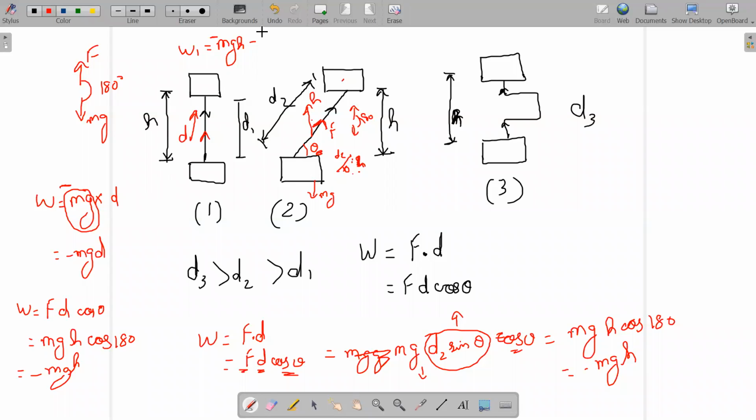Then there is a frictional force, which will be again negative, right? So in first case the frictional force is, let us say, F1. So this is the case if there is friction in case 1. In case 2, W2 equals minus mgh, the same if there was no friction. Then again there will be one frictional force, F2, right? Similarly W3 is minus mgh, normal one, if there was no friction, and F3.